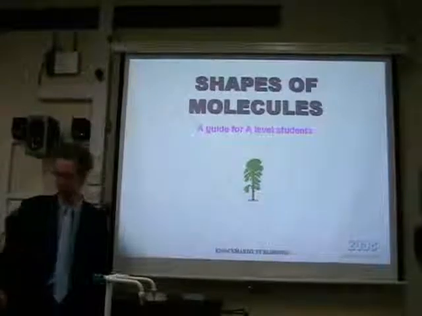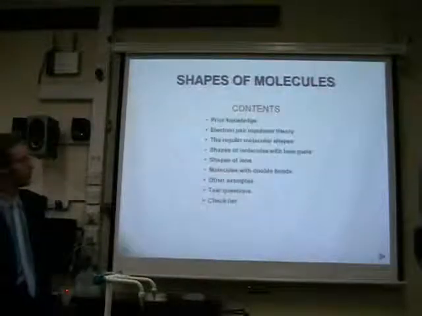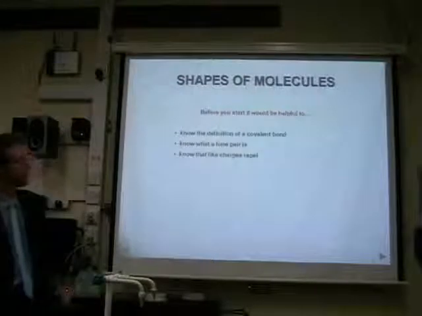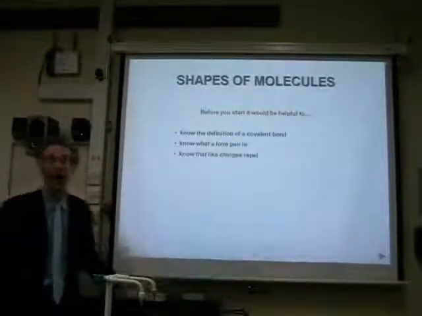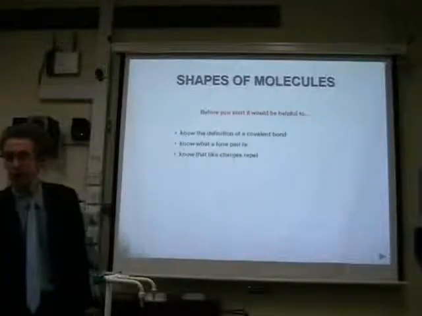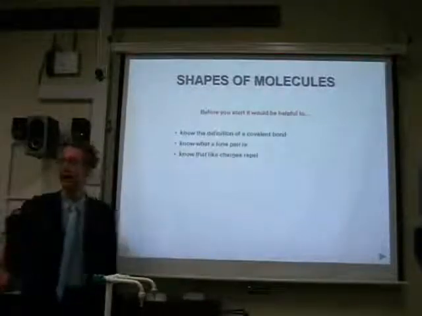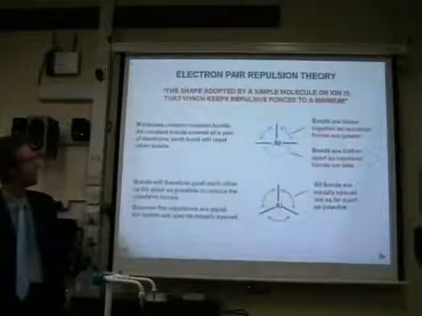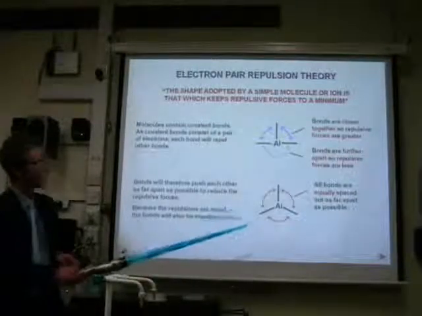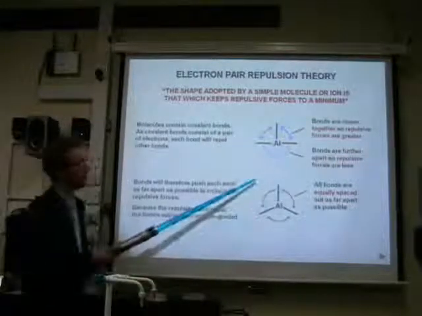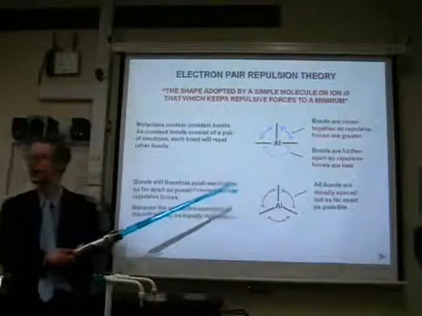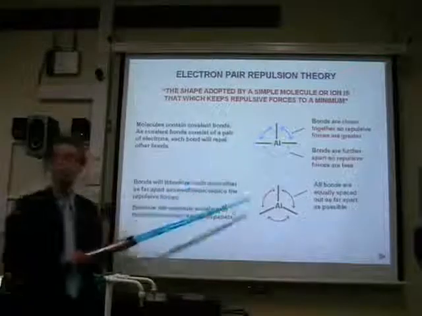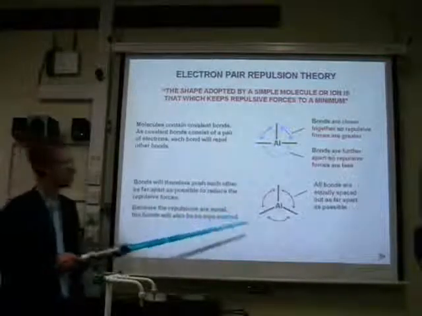We're going to look briefly at shapes of molecules in terms of how their shape is determined by their electron configuration. To begin with, we need to know what a covalent bond is. We know that. We know what lone pairs are. And we know electrons are negative and they repel each other. So, if you have something like AlCl3, and it's got 3 bonds, and those bonds all contain electrons, and electrons repel each other, those bonds are going to want to move as far away from each other as they possibly can.